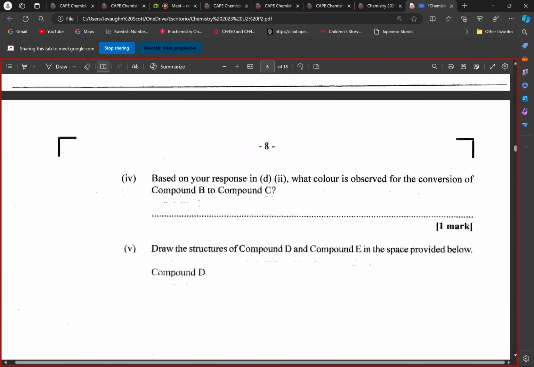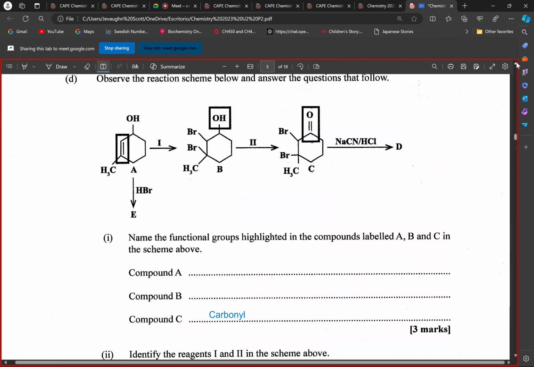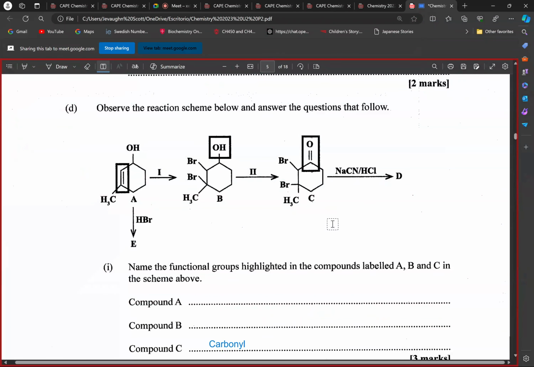Based on your response in D2, what was the color observed for the conversion of compound B to C? From B to C, what happens there? It goes from purple to colorless. I'm not hearing, there's a lot of noise. What did you say?